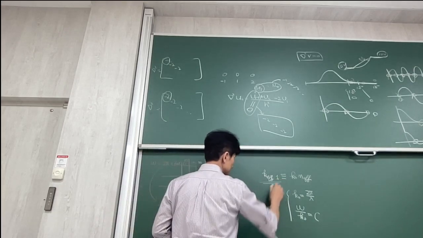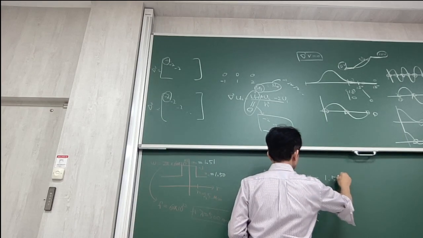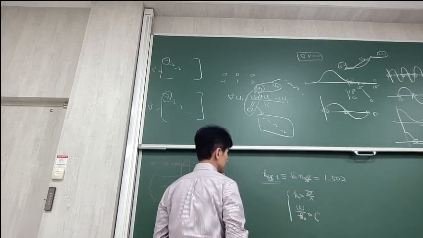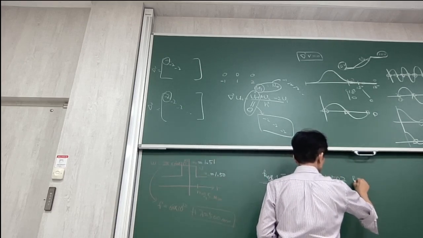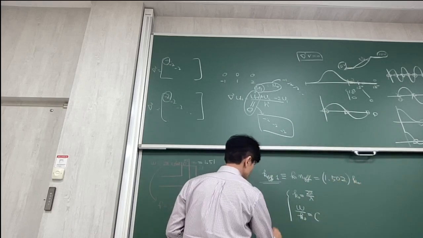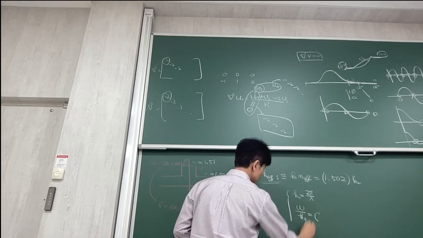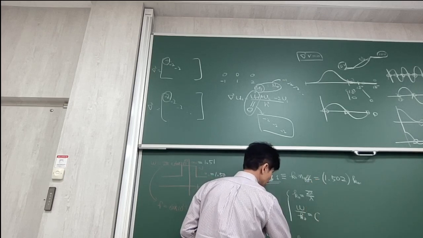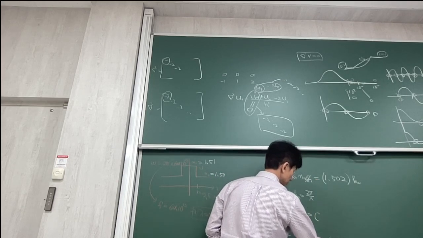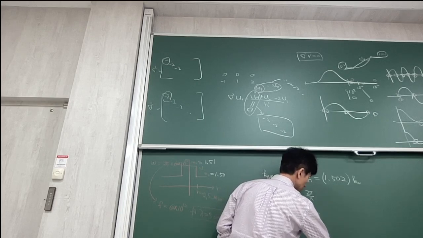Let's say K effective 1 is 1.502 times K0, and K effective 2 is 1.508 K0.